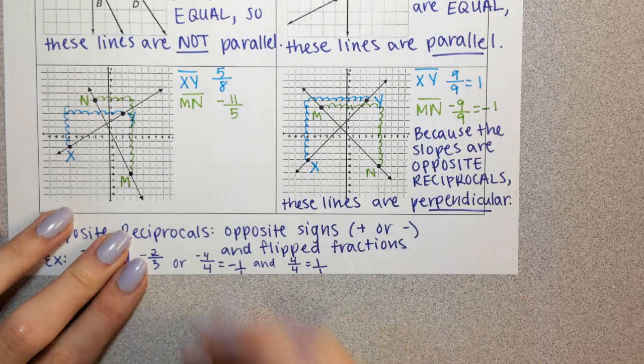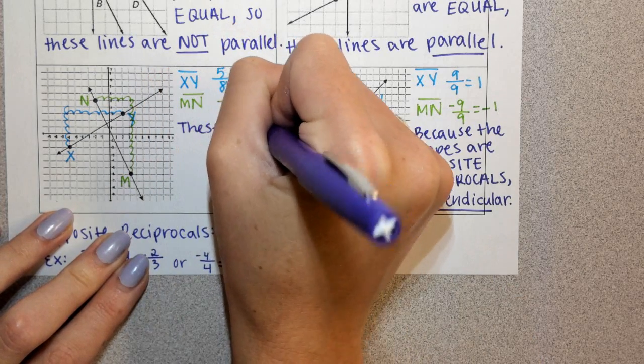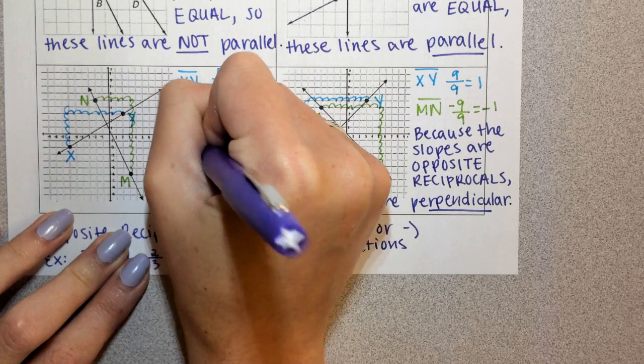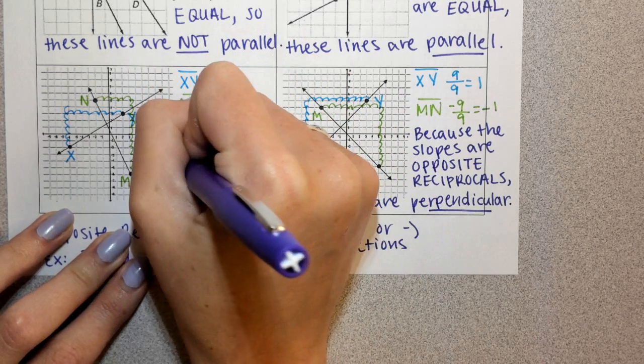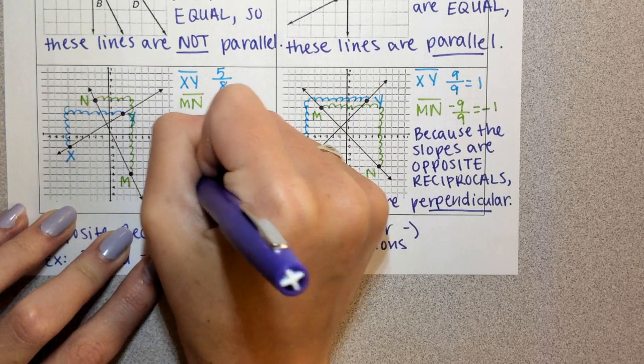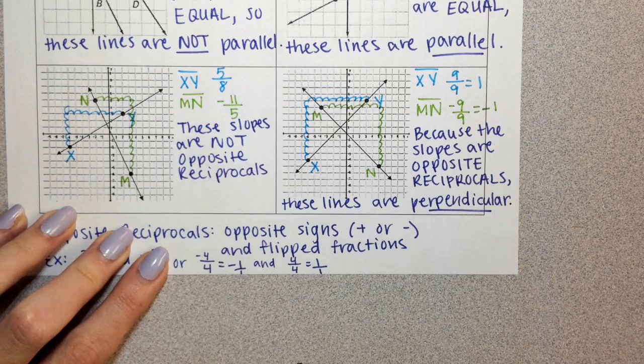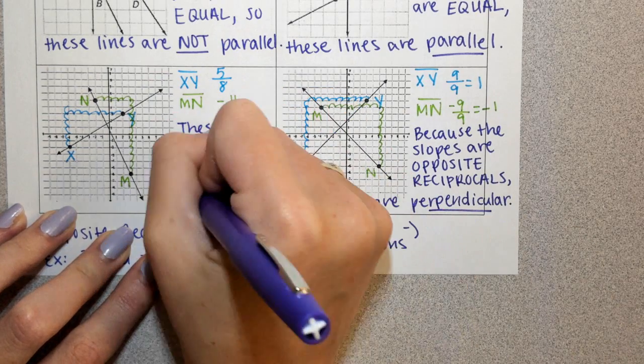And then if we look over here, these slopes are not opposite reciprocals. So these lines are not perpendicular.